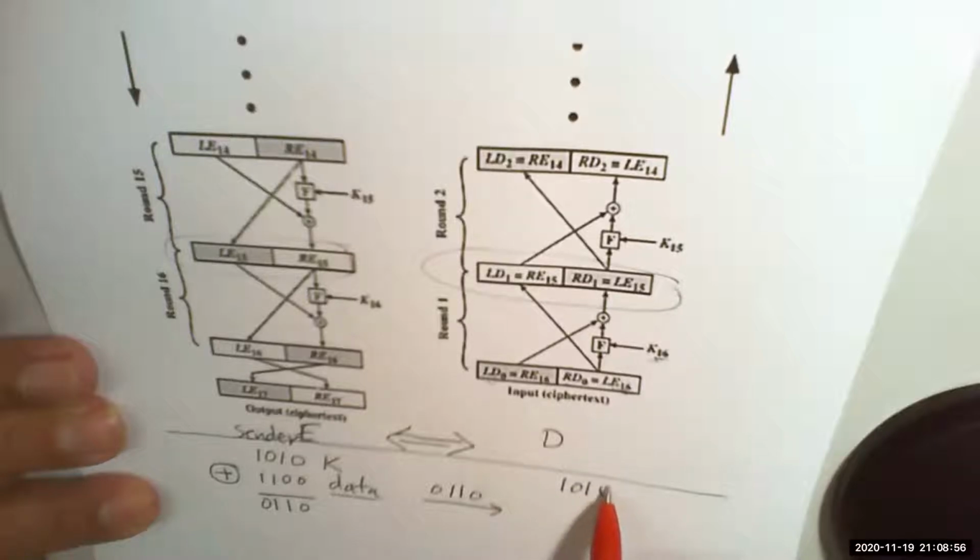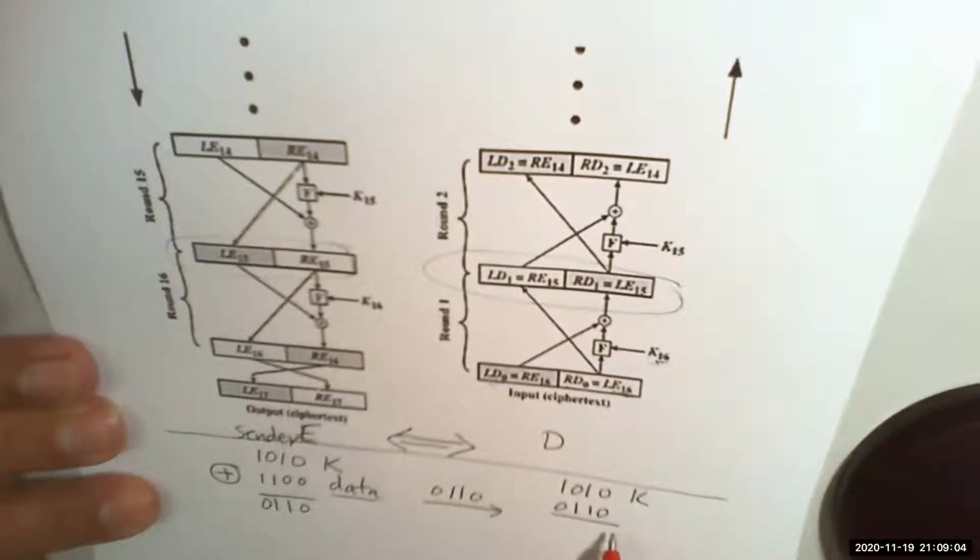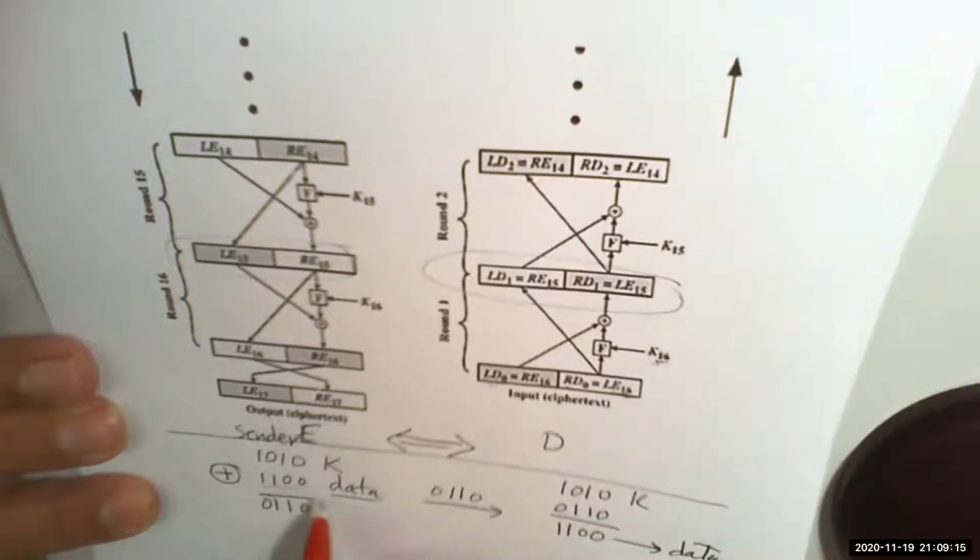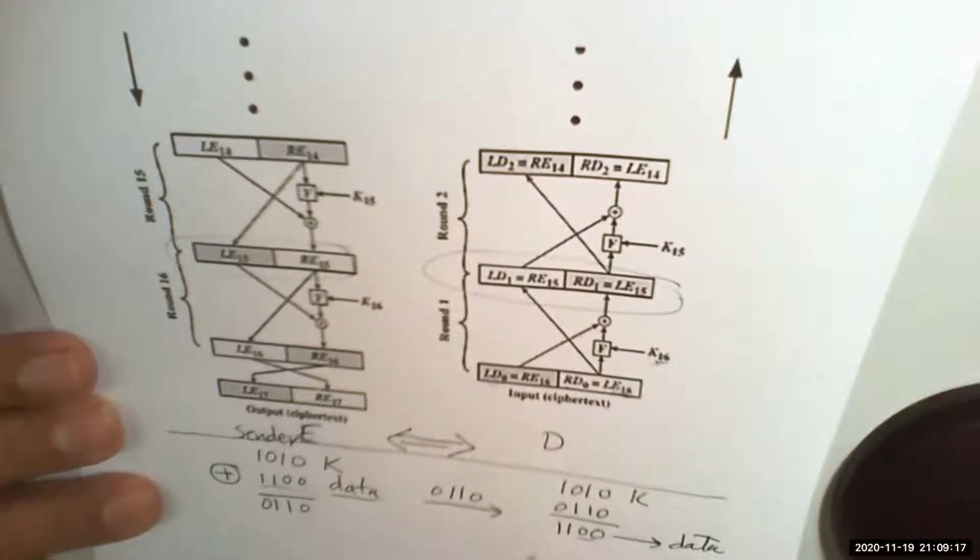The same key is used together with the received data, and I apply the XOR again, 0 0 1 1, to get the data back. This is the data, and this is the data, exactly the same data back.